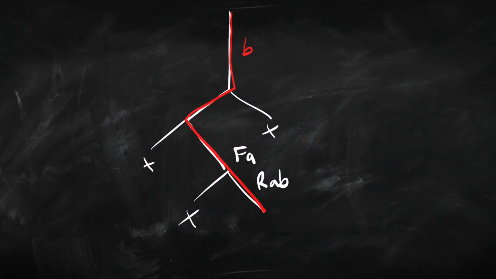Now, we've already seen how to build a model based on a finished open branch. Okay, so if you're not too sure about that, go back a few videos and review how to do that. So basically what we're going to do is we look at all the names that appear along the branch. We're going to have things in the domain of the model that correspond to those names.